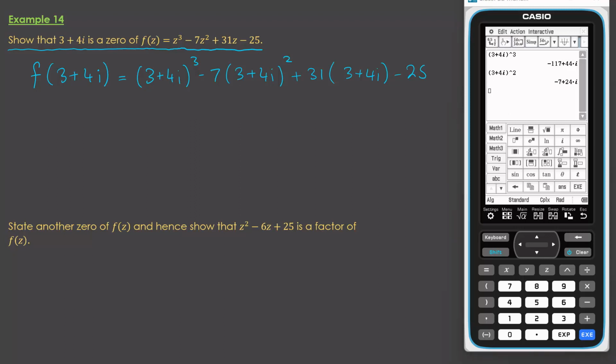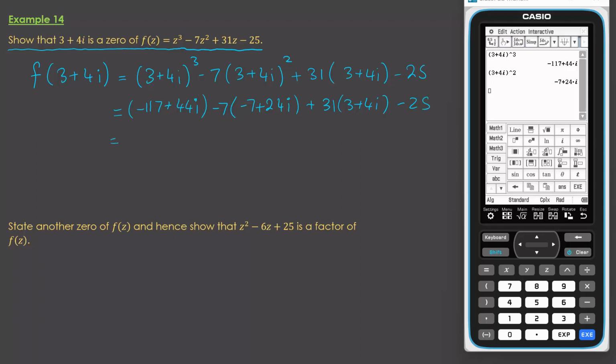So we get negative 117 plus 44i, take away 7 times negative 7 plus 24i, plus 31 times 3 plus 4i, take away 25.